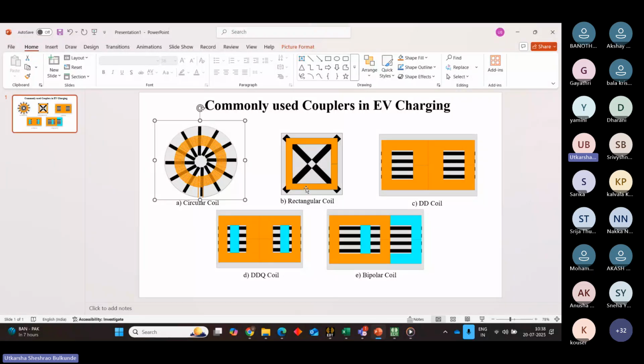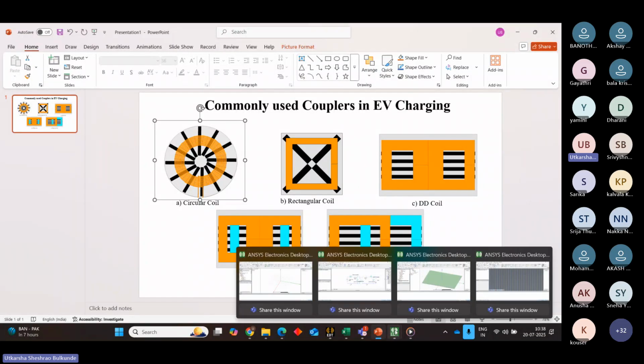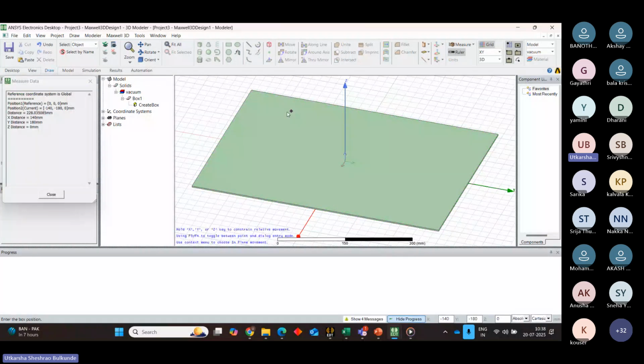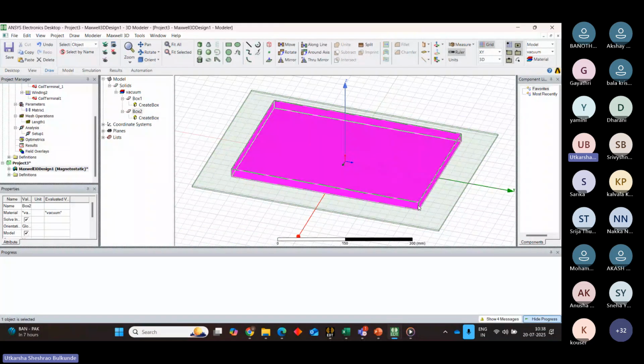When you wound it, it will have certain inner space, and the outer dimension depends on how many turns you have taken, right? That we are just imitating in Ansys. For outer dimension, we have drawn a box. For inner, we will draw another box, which will be just smaller in dimension from this.